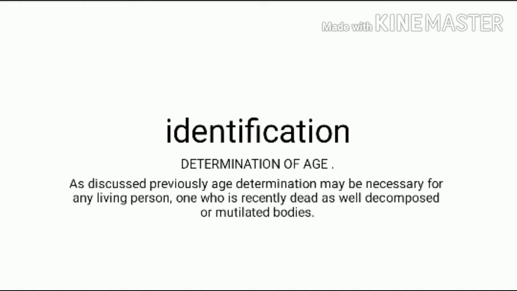Identification, as I have repeatedly told you, will have 4 aspects: identification of a living person, identification of a recently dead person, and identification of a remotely dead person or a skeleton, or maybe mutilated and decomposed bodies.